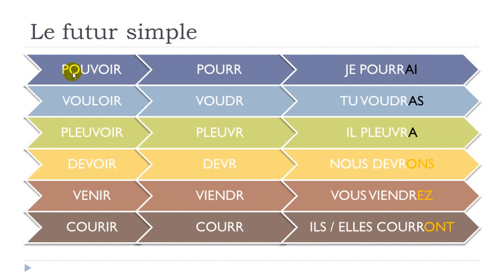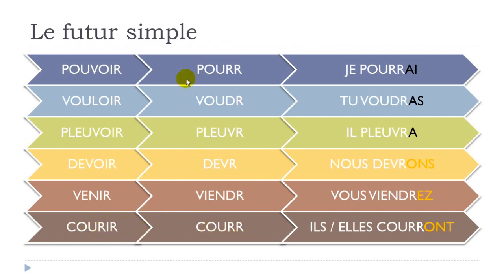Okay? So pouvoir is becoming pourr, and it means can. Vouloir, voudr, to want. Pleuvoir, to rain, pleuvr. Devoir, to have to, devr. Venir, to come, viendr. Courir, to run, courr. Okay?